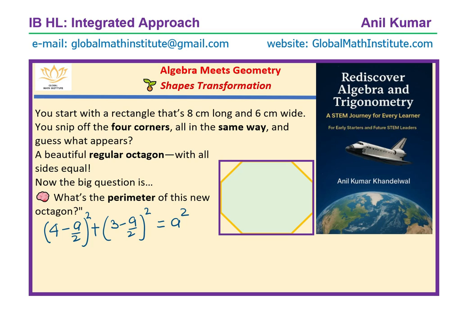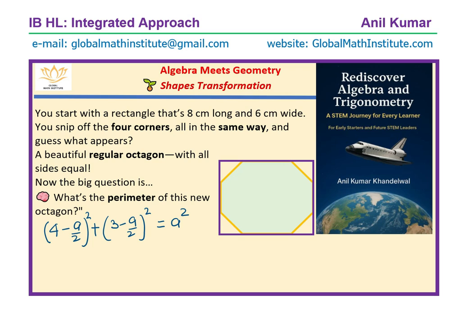You need to expand and simplify it. Once you do all that, you get a quadratic equation in A. This quadratic equation which you get, I would like you to do it all, right?